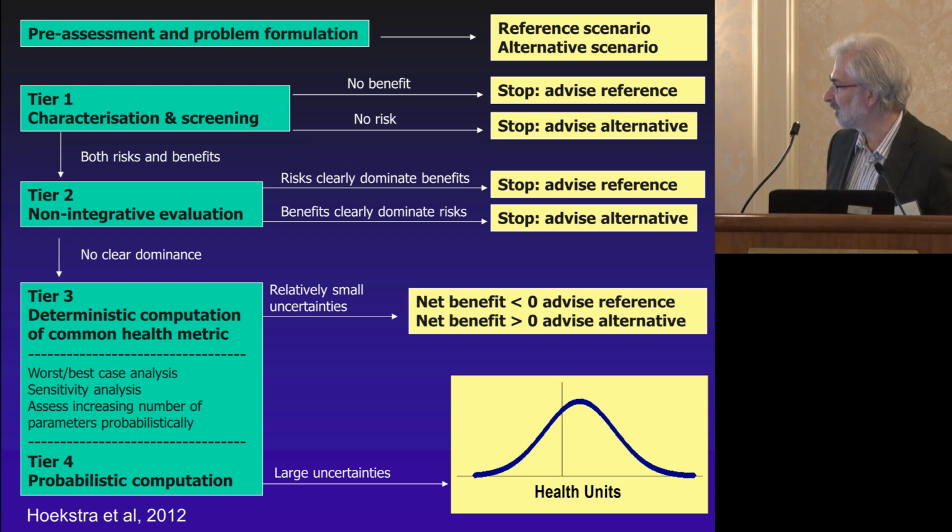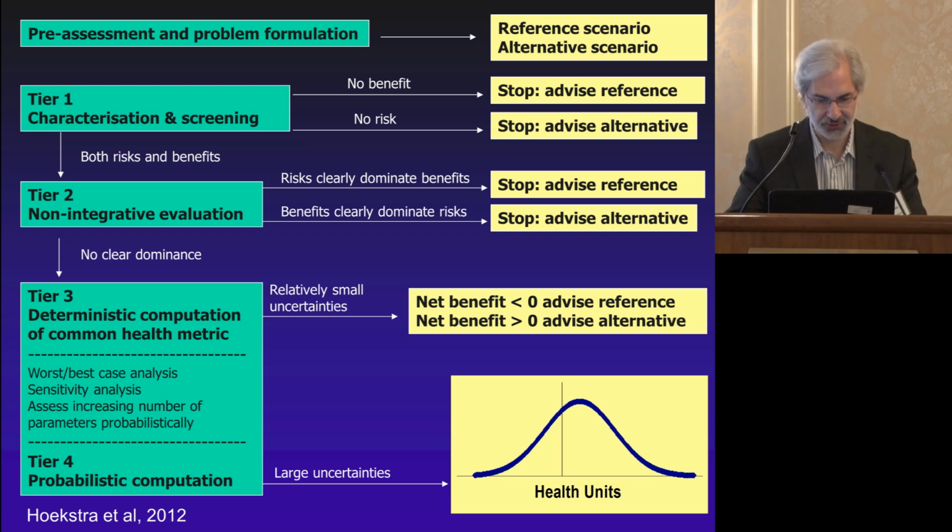And as we go up to the highest tier, you can use a probabilistic approach. And there's a more sophisticated method developed by a sister project to this called Calibra, who developed an online tool for doing probabilistic assessments in risk-benefit.